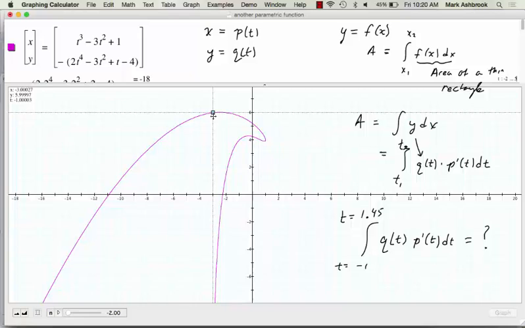I'm guessing, let's see if that's right: -1 minus 3 plus 1, yeah, so -3. So here's t equals -1. We have the point -3, 6.